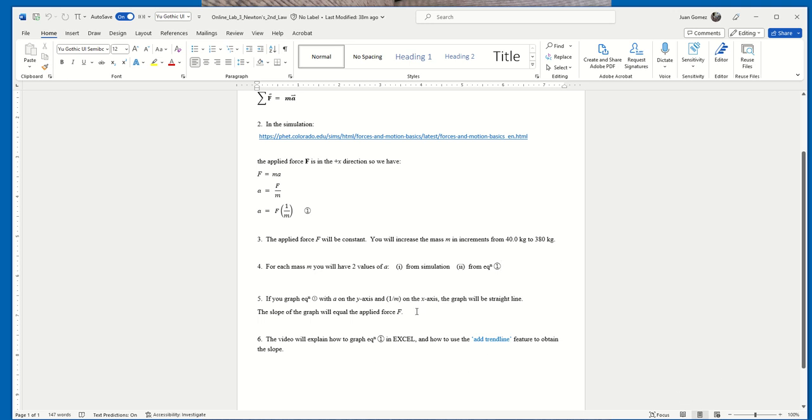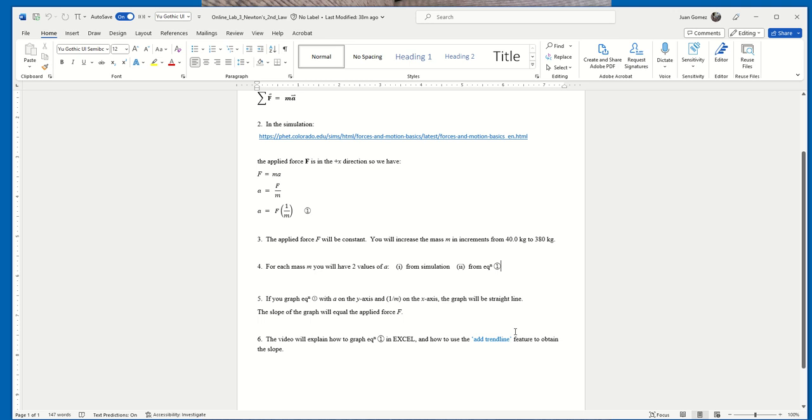Well, why are we doing this? If we graph equation 1, if we graph a versus 1 over m, and when we say versus, it's understood in the language of math and physics that that's the y-axis versus the x-axis.